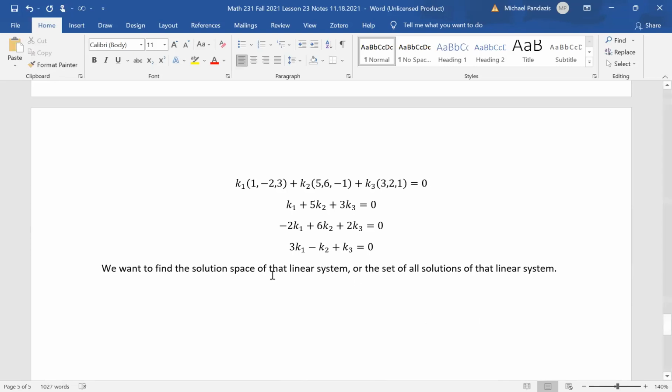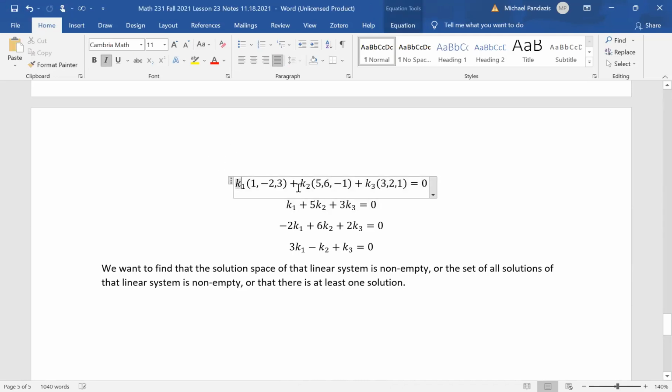We want to find that there is at least one solution, at least one non-trivial choice of k1, k2, and k3, meaning they're not all 0, such that this equation holds.